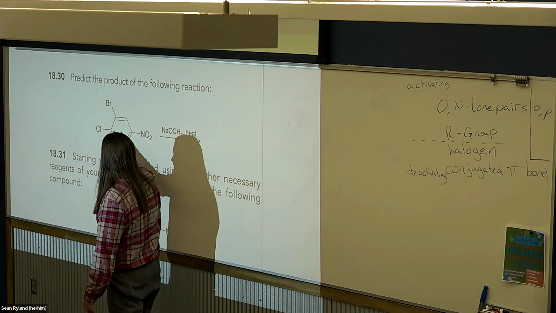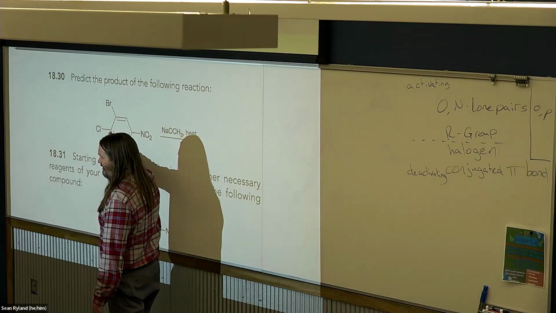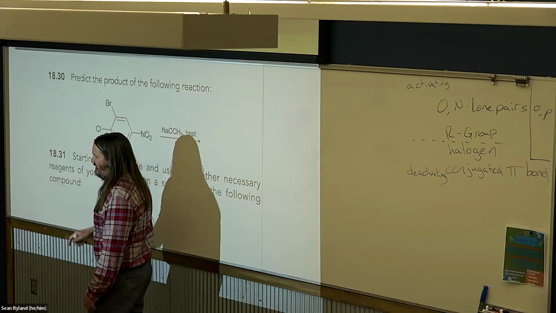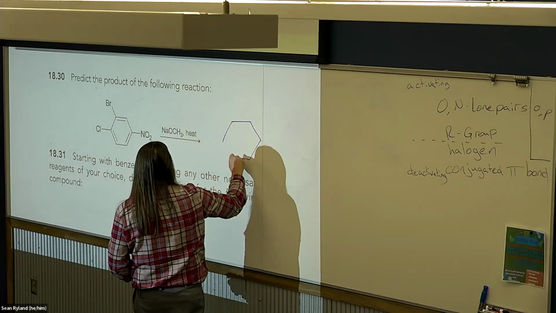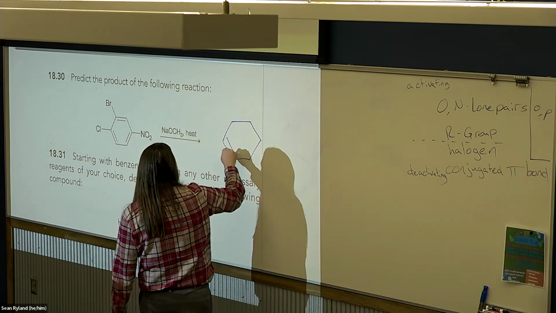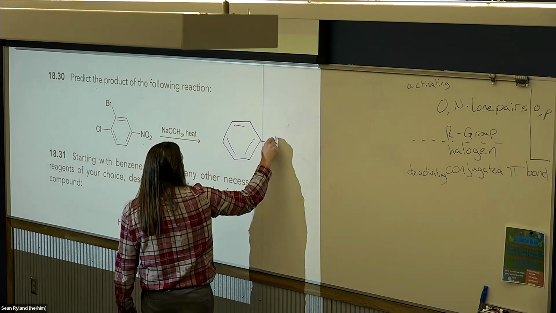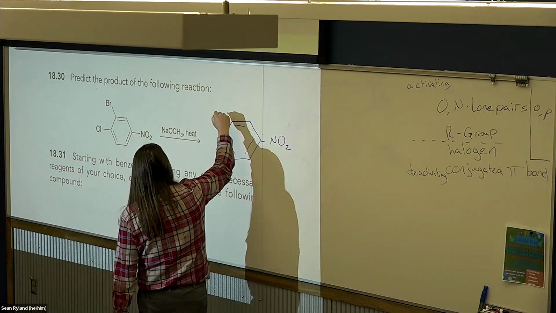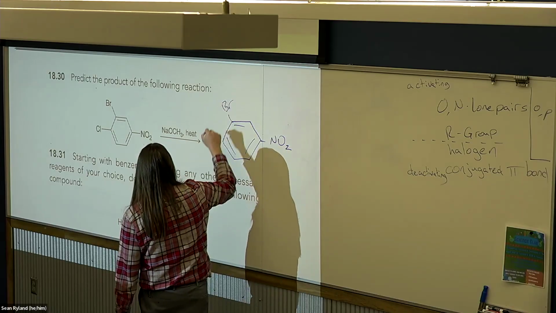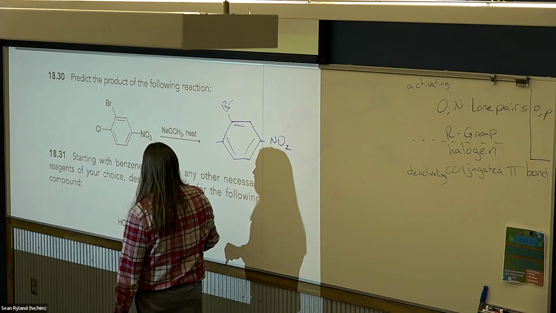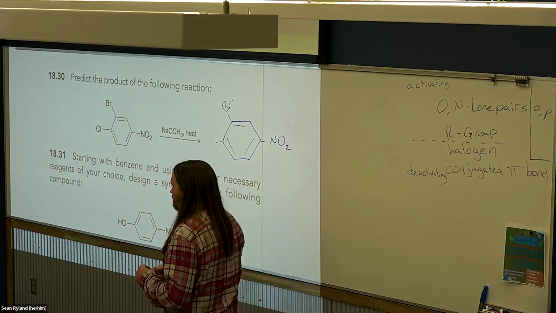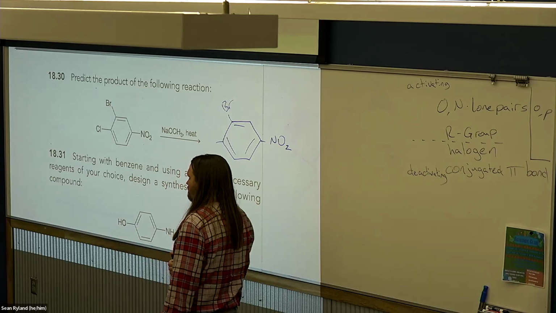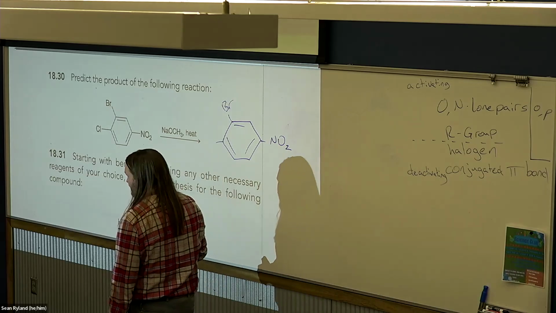So the chlorine is para to the nitro group. So the chlorine gets replaced. So nitro group's still there. Bromine's still there. We replace the chlorine with what? Not in this case.